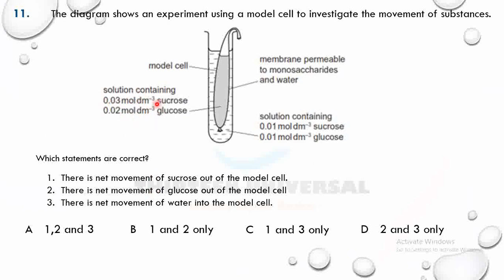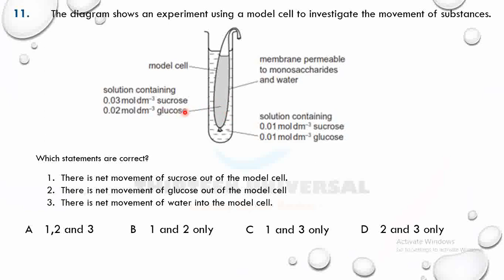So we have 0.03 sucrose here, 0.02 glucose here, but outside we have 0.01 mole of sucrose. Sucrose cannot move outside, even though we have more here inside than outside, because it's a disaccharide and bigger.